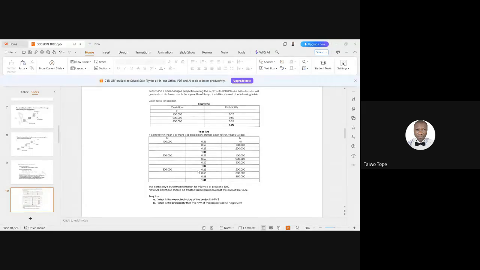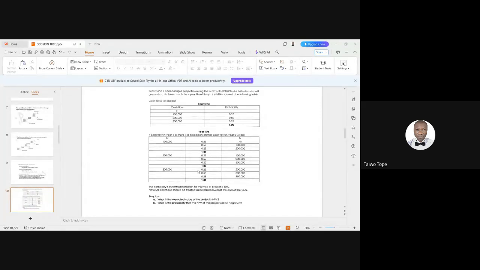Now, if you have to construct your tree diagram, let's analyze this before showing the tree. You can follow what you have in your book that I forwarded. So now, you want to make a decision whether to invest. When you invest this 300,000, what will be the expected value of the project NPV?